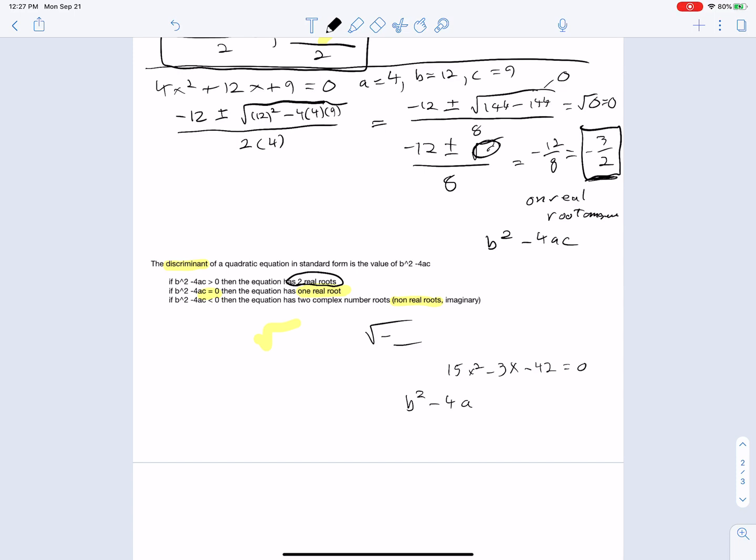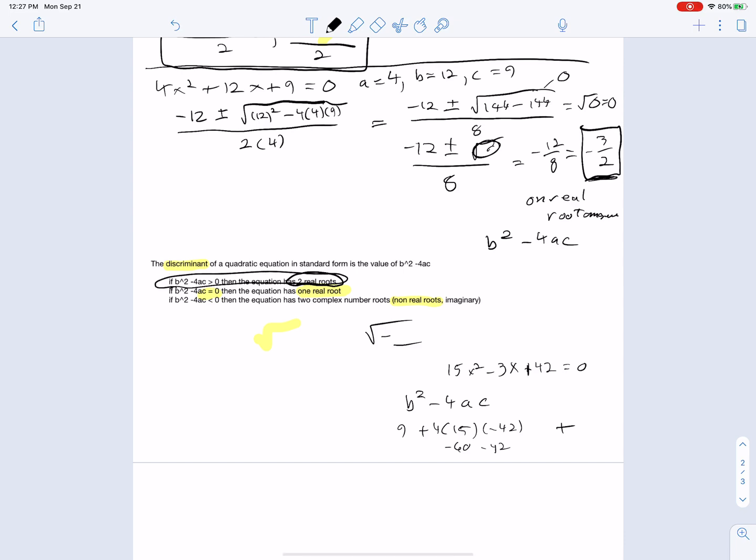So in this case, we're going to have negative 3 squared, which is 9, minus 4 times 15 times negative 42. So in this case, that's going to be a negative 60 times a negative 42. So this is going to end up being a positive number. So because it's a positive number, we know we're going to have two real root answers.